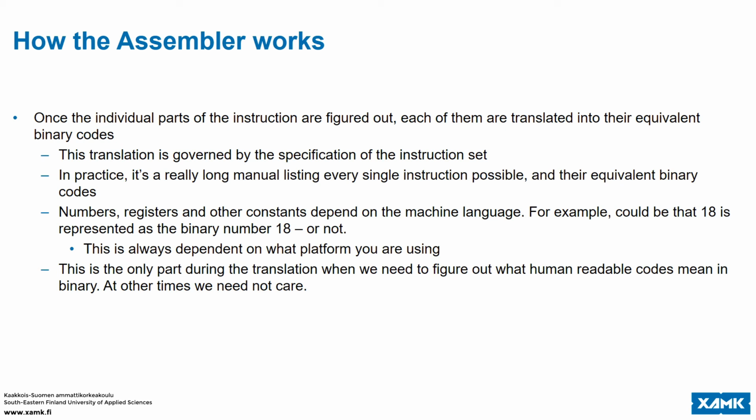In our example, it could be that 18 is represented as the binary number 18, or it could be represented in a different way. This always depends on what platform you are using. This is the only part during the translation when we need to figure out what to do with these human-readable codes and what they mean in binary. At other times we don't need to care anymore.